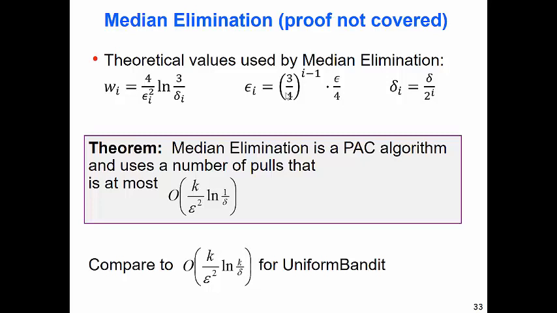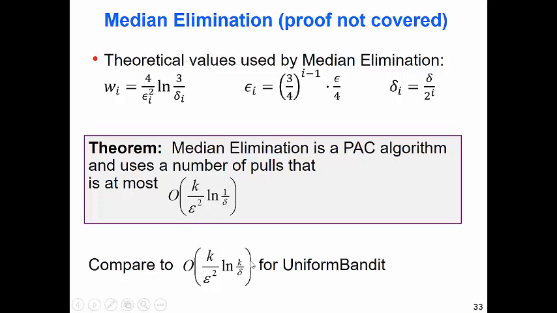So if you do all of the analysis, all the math, you could figure out the total number of polls by looking at how many times you go through the loop, which is log k. If you do all that, you find that the number of polls is order k over epsilon squared, log 1 over epsilon, log 1 over delta.